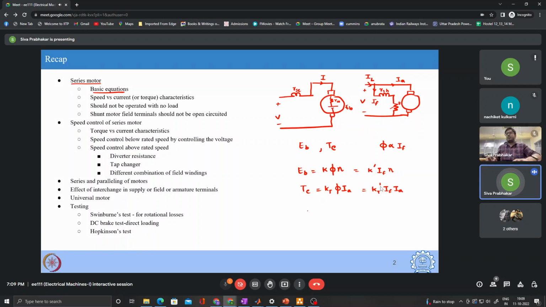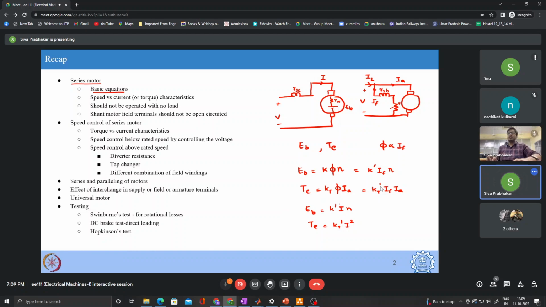In case of a series motor, since the field current is the same as the armature current, which I am representing as capital I, EB will be K dash into I into N, and similarly the torque will be Kt dash into I square.